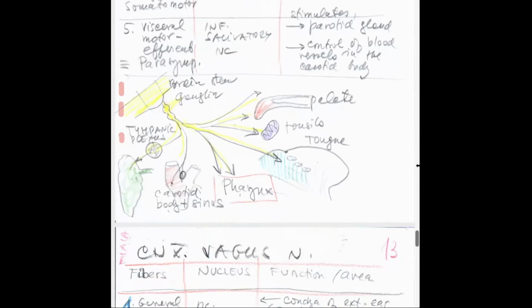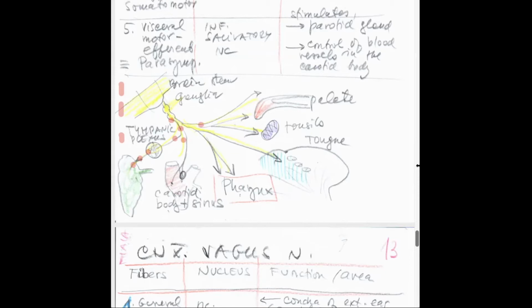We see the brainstem. Here we see the ganglia, superior and inferior ganglia of nerve number 9. Then the fibers that pass through the tympanic plexus to the parotid gland, parasympathetic innervation. Then also the branches which go to the carotid sinus and carotid body, also mentioned before.